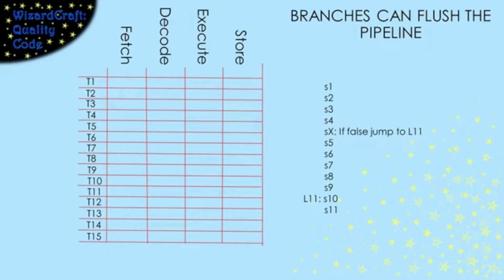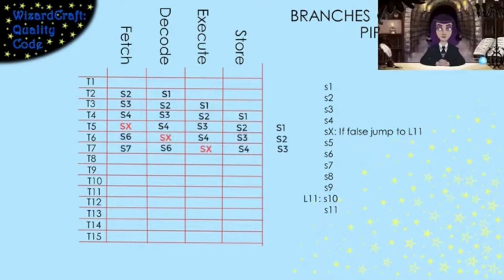As we execute this code, the pipeline fills, and everything runs smoothly until statement X gets to the memory access phase. Remember, that's the phase that had the multiplexer that's choosing which value will be used for the next PC.